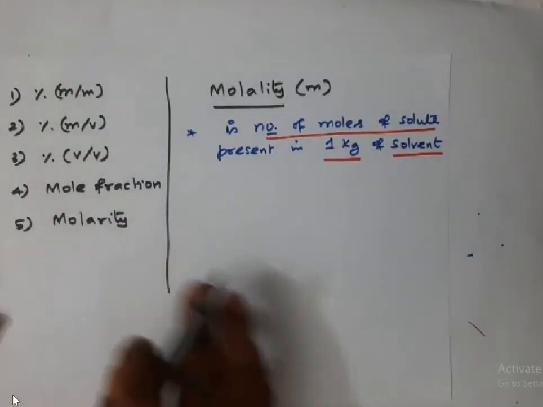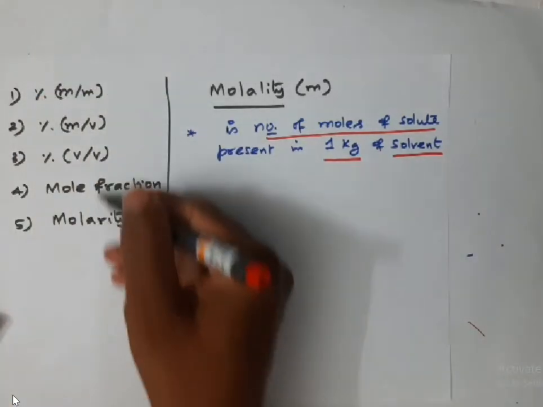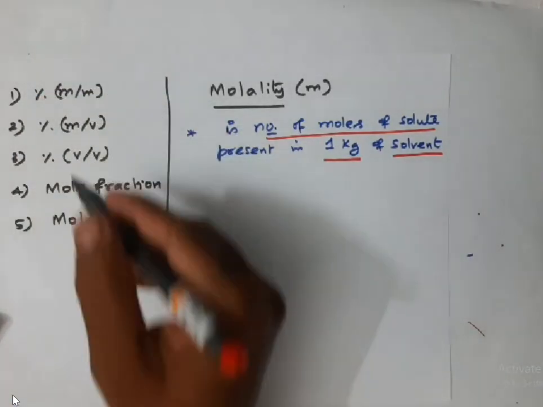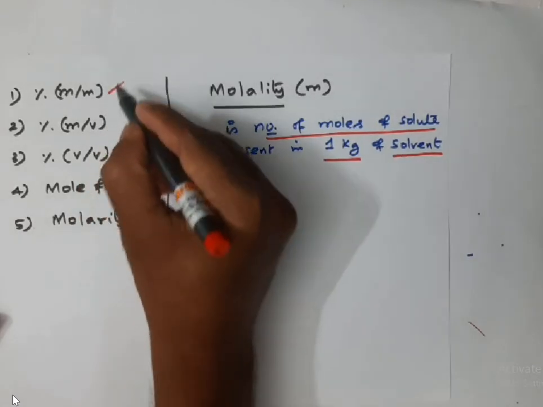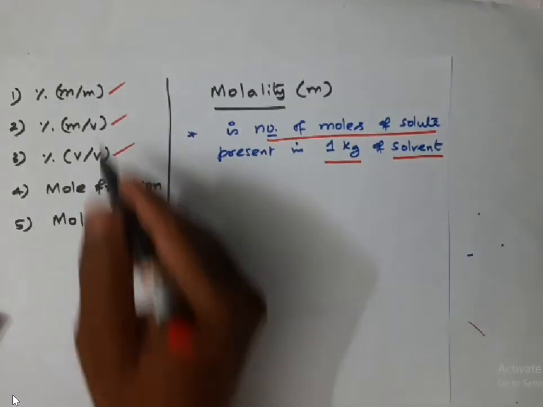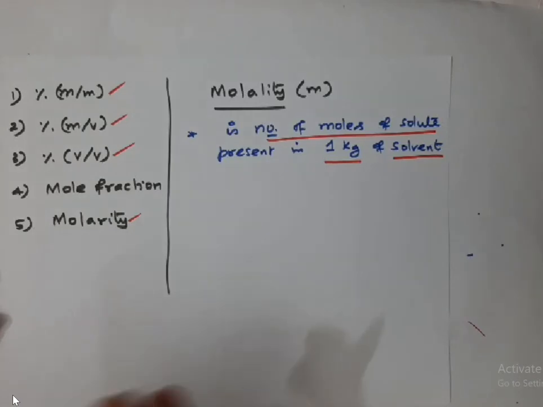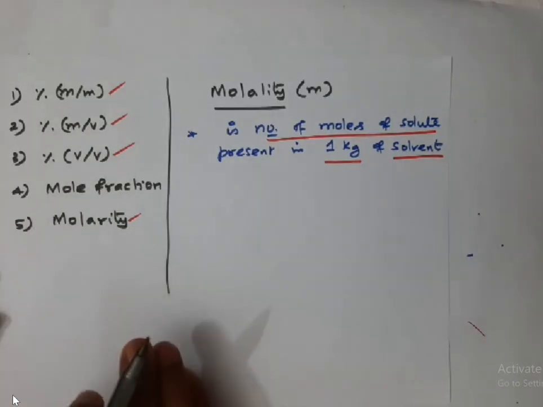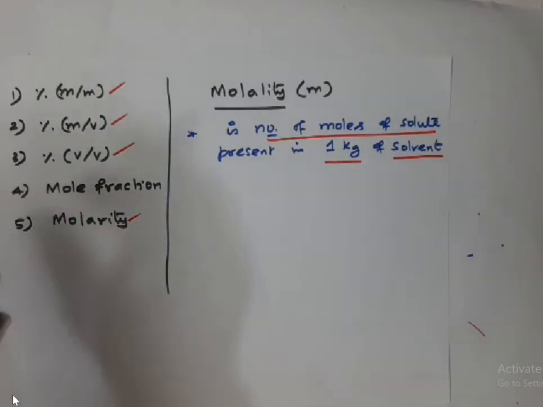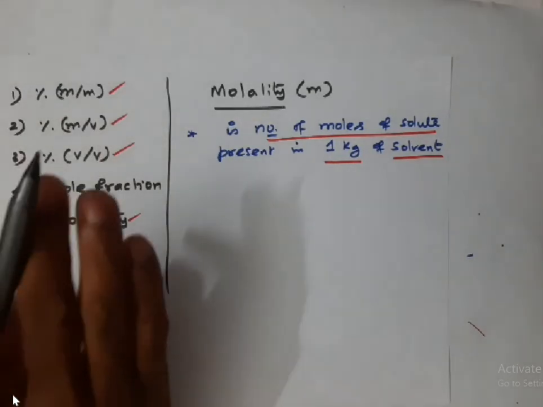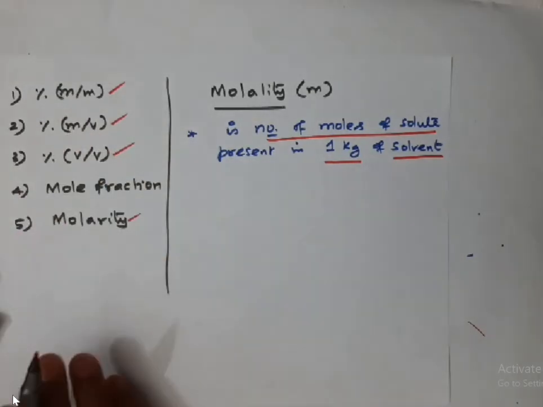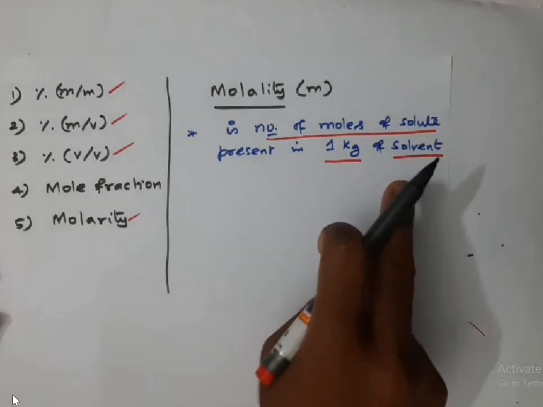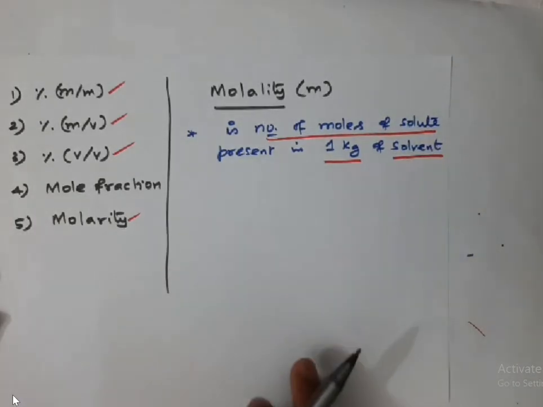In all these four concentration terms, I have told you we took only solutions, number of moles of solute in solution. We never considered solvent there, but this is the first time I'm introducing solvent.